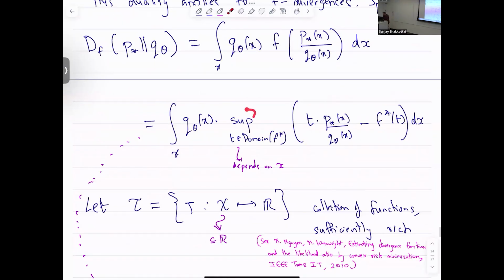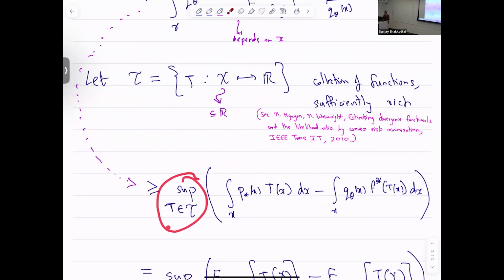So remember here, we need to optimize a T inside each one. Let's stack all that together, but this is inside an integral, so it's actually T of X. So we are actually optimizing a function here. T star is the stitching together of all of that, that function. So T is a function.